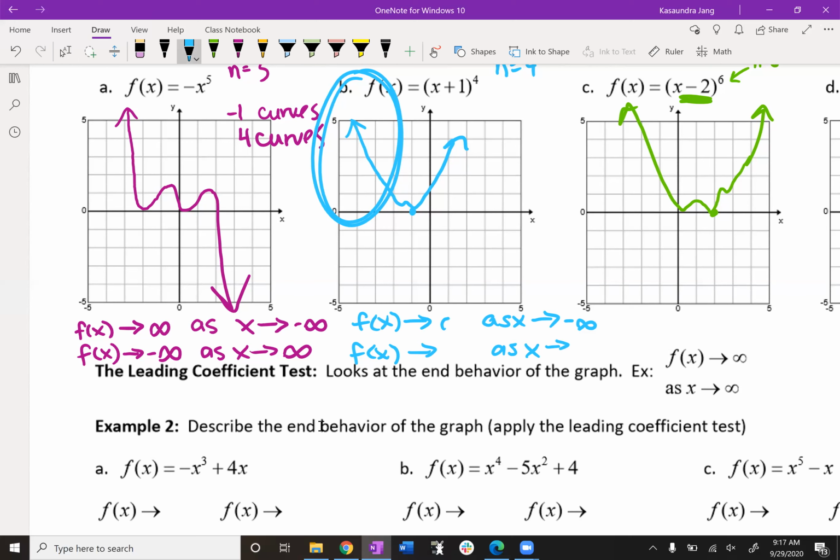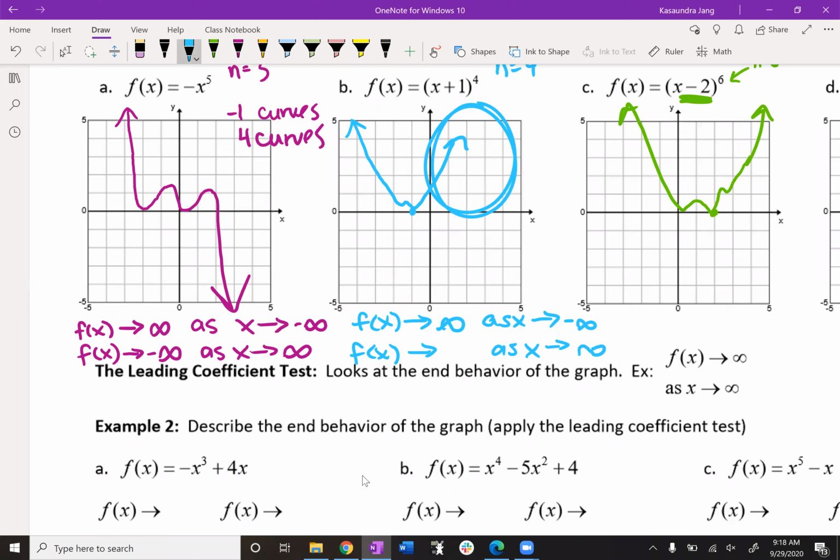Okay, so in that case, what do I say for my next statement? My next statement has to be about the right side. I already described the left side. What do I write for the right side of my graph? My x is going toward positive infinity.